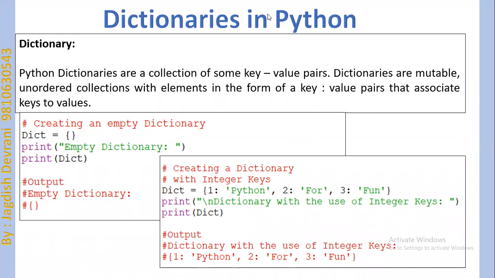And talking about the dictionary, a dictionary is basically a kind of data type in Python which stores information in terms of key value pairs. The declaration is something like this: dict equal to opening and closing curly brackets, right? When I say dict equal to 1 colon Python, this is one particular element, this is another element, and this is another element.